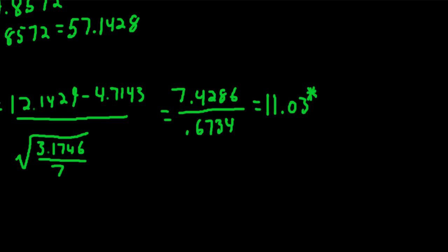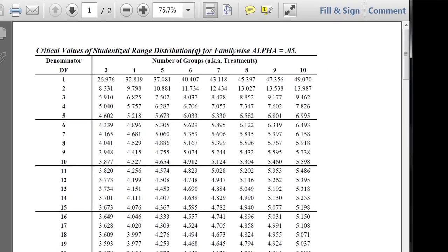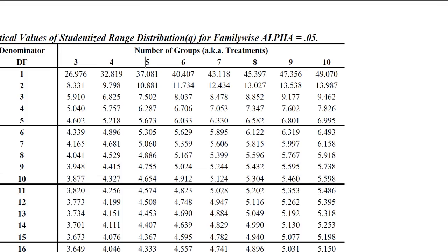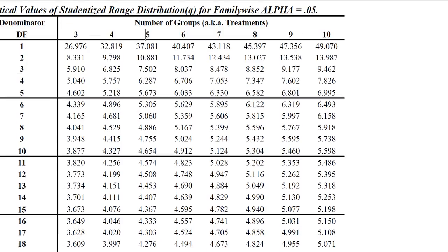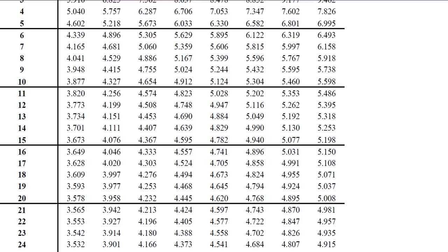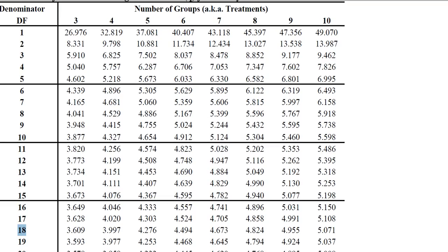But we'll go ahead and look up in a studentized range statistic table with alpha 0.05, we have 18 degrees of freedom, and we are comparing 3 means, which is the first column.